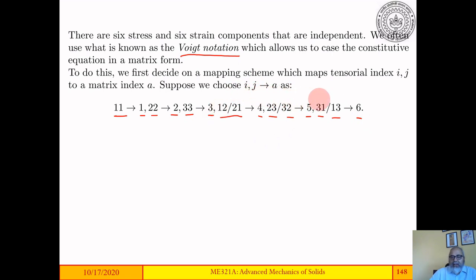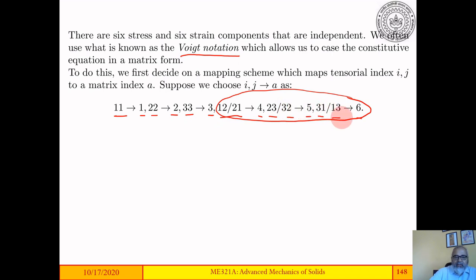So mostly they differ in these three components. In most books, 1 1, 2 2 and 3 3 are mapped to 1 2 3, and then how the unequal components are mapped differs from book to book. So I will use this 1 2 to 4, 2 3 to 5, and 3 1 to 6.